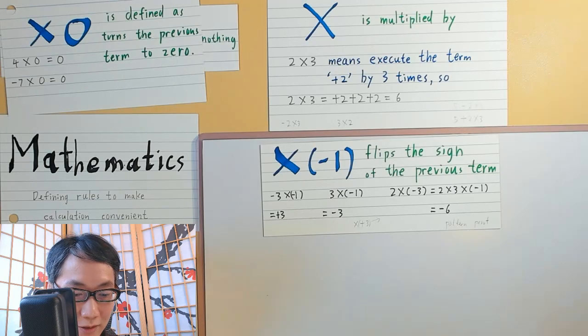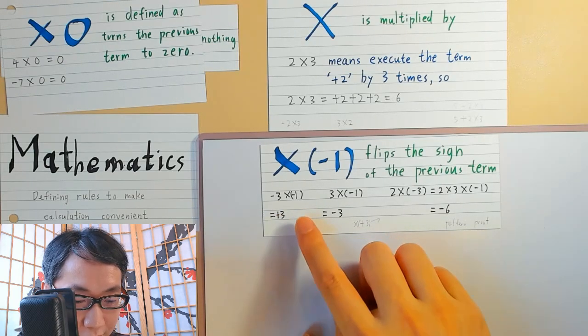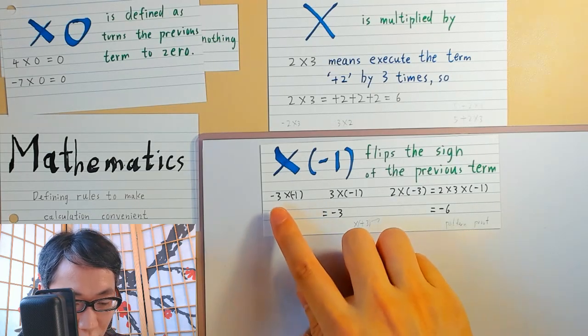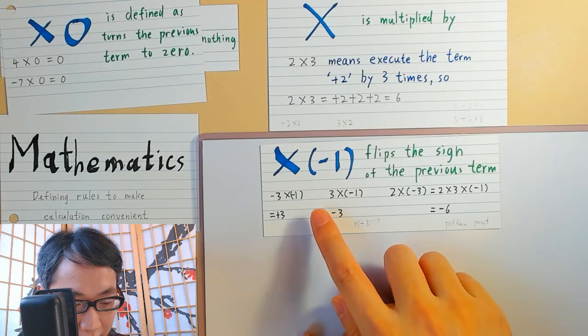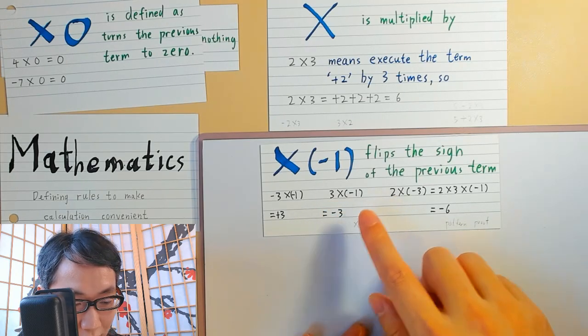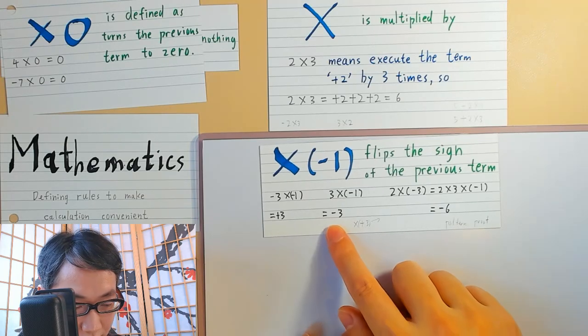So we have -3 times -1, then we have +3. So the sign is reversed. And if we multiply +3 by -1, we have -3.